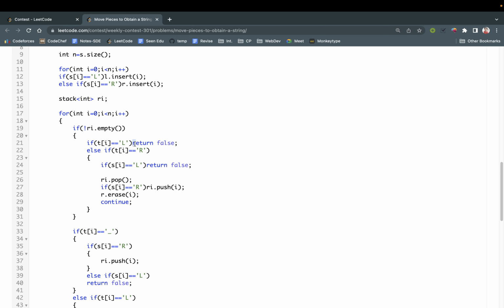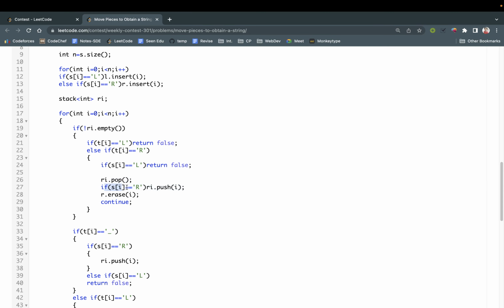And here if the t of i equals R, we can do the case that if s of i equals L, returning false, because the current index has to be empty to replace this Ri. So Ri is now, t of i is R, so t of i is going to be replaced by the previous stack elements. So simply pushing.